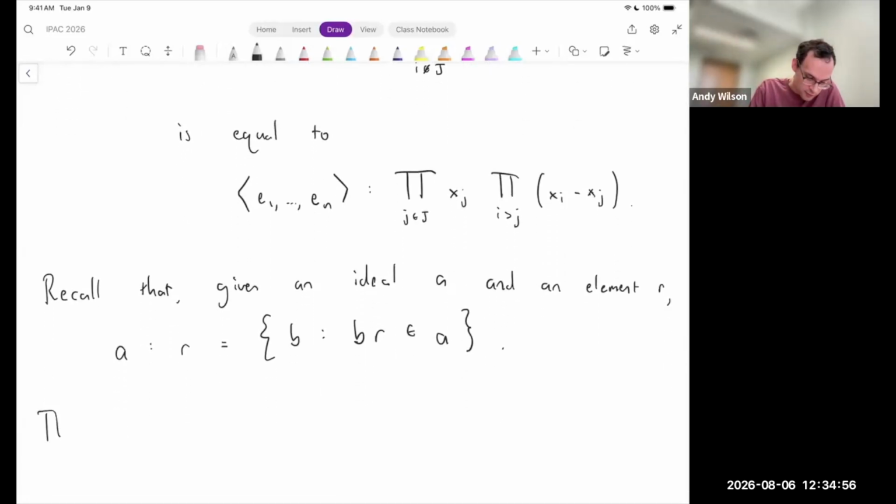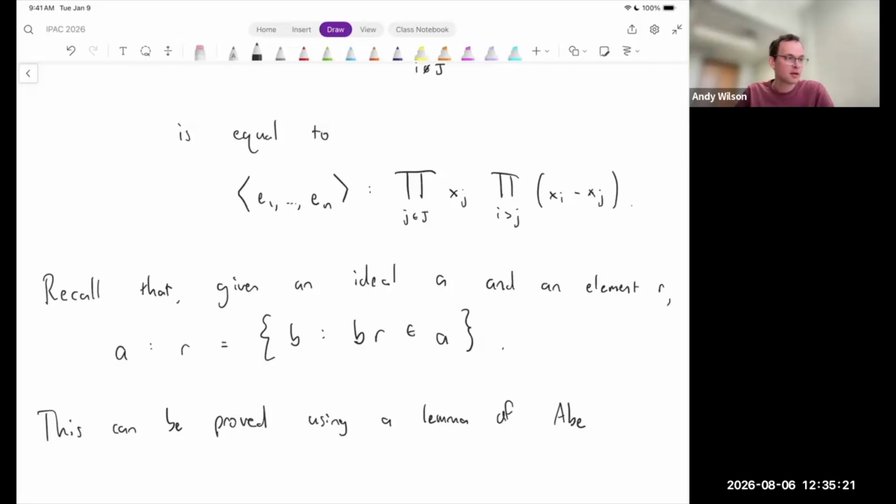So this can be proved. And why do we need this? If I have enough time today, or certainly Brendan on Tuesday, we'll talk about the relationship with inverse systems and Vandermonde determinants, which is helpful. Anyway, this can be proved using a lemma of Abe et al., because there's a lot of authors.